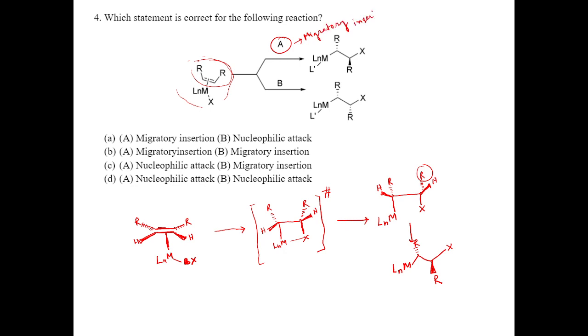So A, that is this one, is actually for the migratory insertion, okay. And if it is a nucleophilic type of addition, what will happen first?